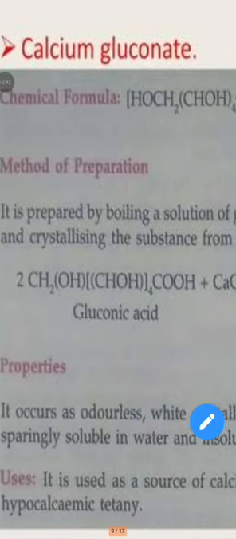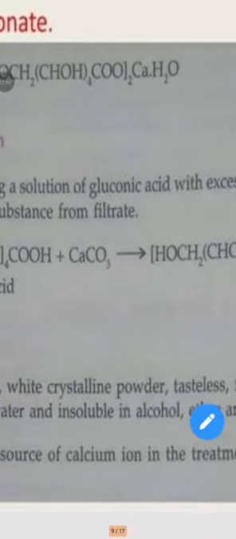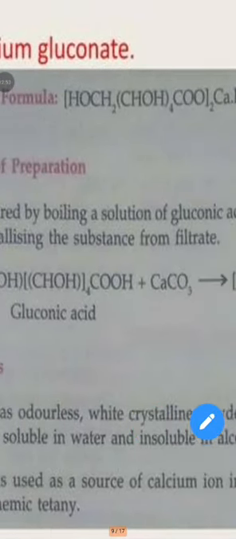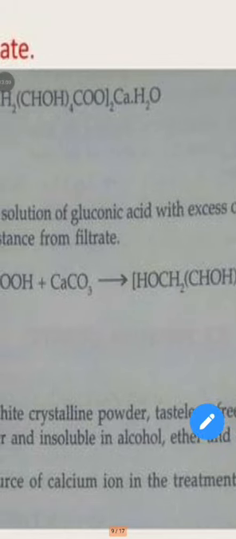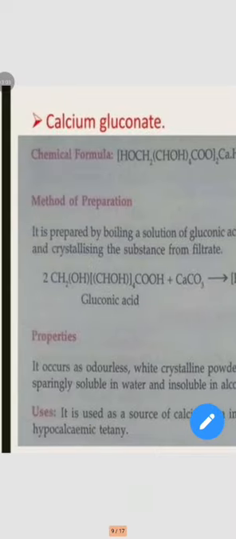So gluconic acid is reacted with calcium carbonate and crystals are formed. It is filtered, and then pure calcium gluconate is obtained.